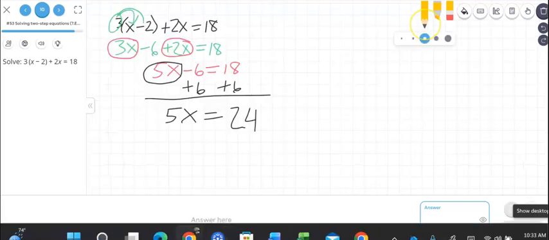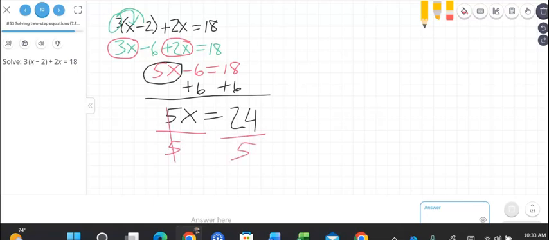I kind of forgot it's a spicy problem because I'm used to it coming out perfect. So on this one, 24, let me take a calculator. 24 divided by 5 equals 4.8.